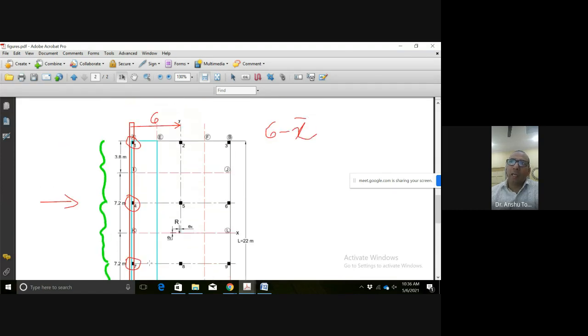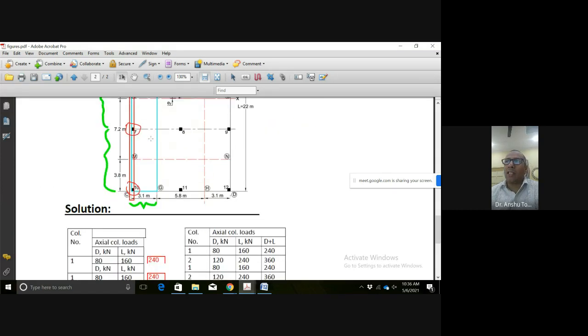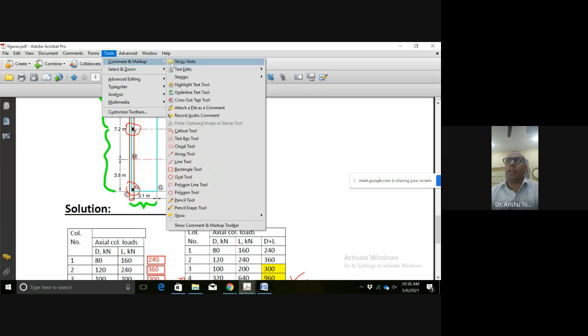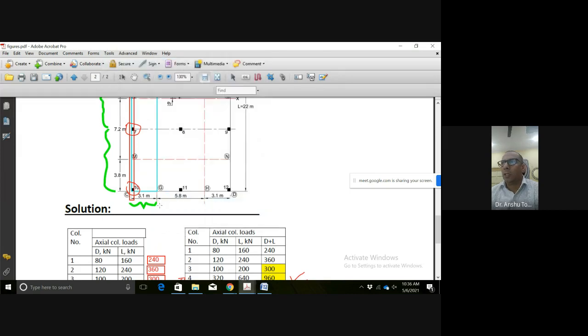Now what different strip widths will we have to convert everything? This will be another strip width, from here to here, then another one will be this one, from here to here. Sorry, not till here. It will be here because it is of the same span. 3.1, 5.8, 3.1.